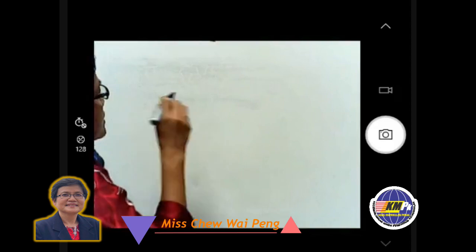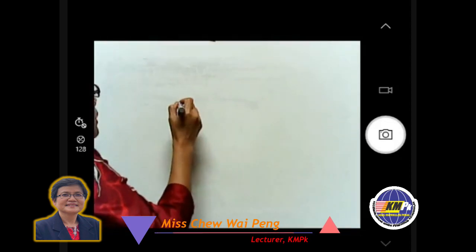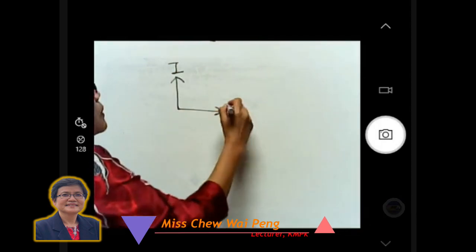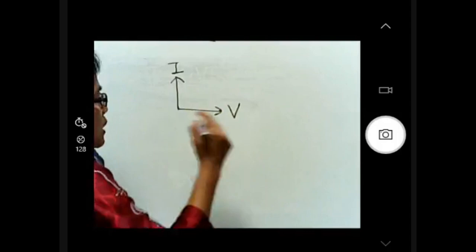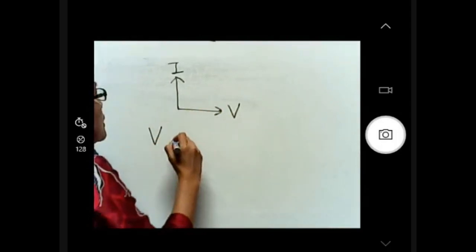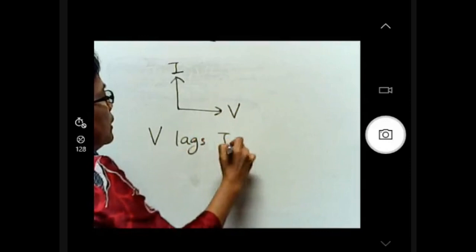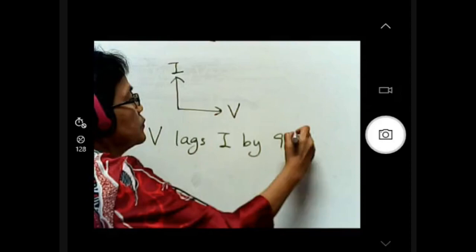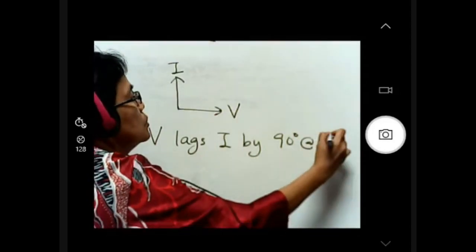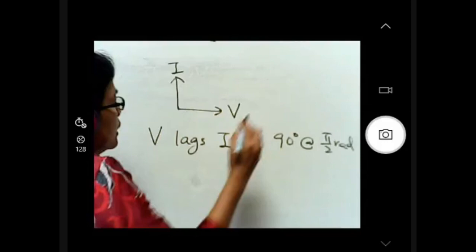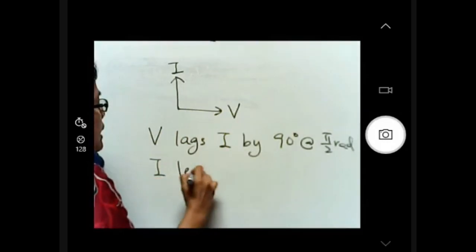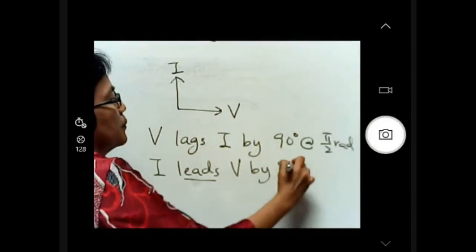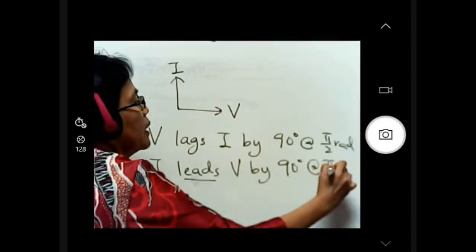Meaning if you use a phasor diagram, current will be at cos position, voltage will be at sine position. We can say V lags I by 90 degree or pi per 2 radian, or we can also say current leads voltage by 90 degree or pi per 2 radian.